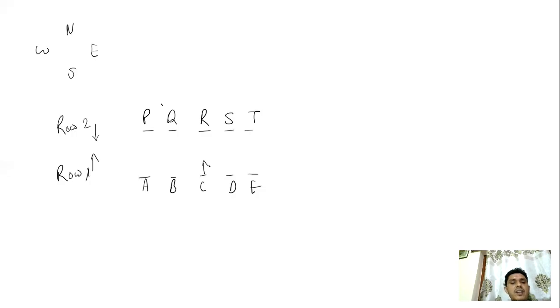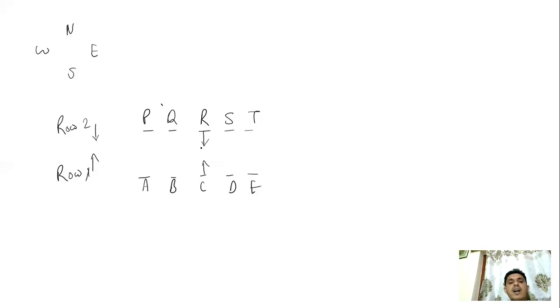But on the contrary, in row 2, because all of them are facing toward south, if I ask about an individual, right and left will be interchanged. If I ask about R, on the left of R will be S and T, and on the right of R will be Q and P respectively, right?